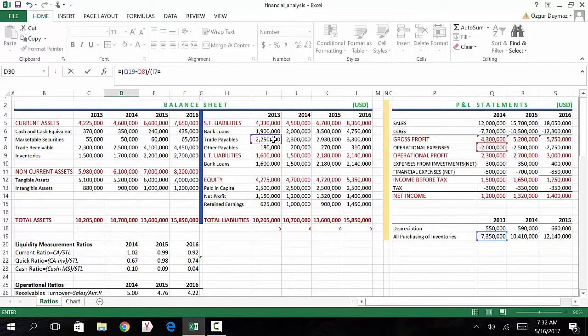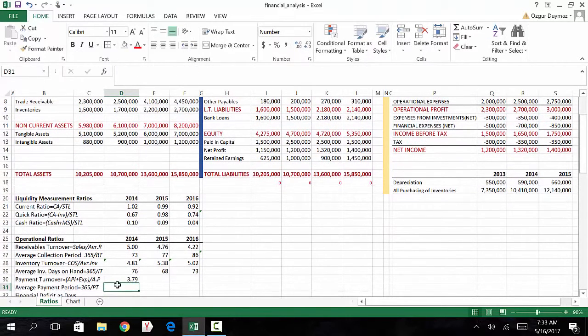Plus, sorry guys, plus other payables plus trade payables for 2014 plus other payables for 2014 divided by 2 to find the average payables, with additional parentheses. Yes, that's it.